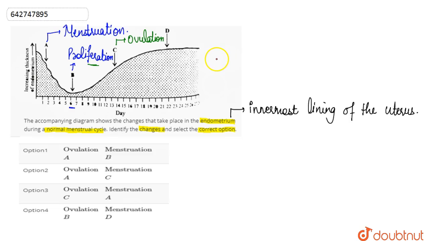Once the ovulation has taken place, the thickness of the endometrial lining of the uterus increases more and more, because once the ovum has been released, the uterus starts preparing itself for the implantation of the baby. For the implantation of the embryo, the endometrial lining has to be very thick.